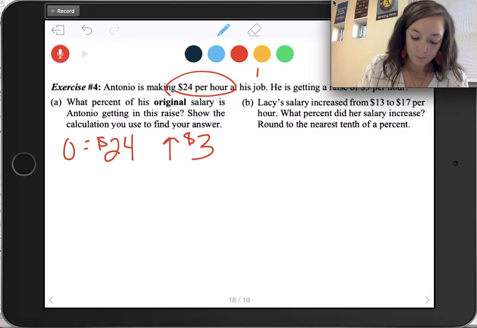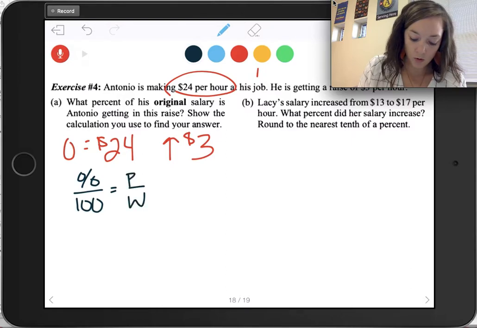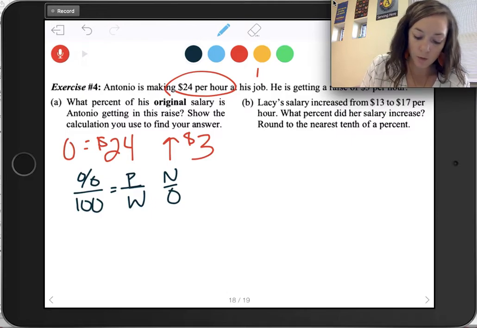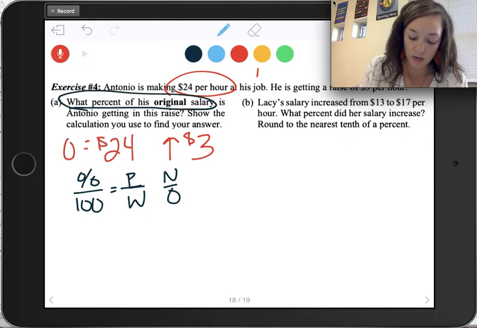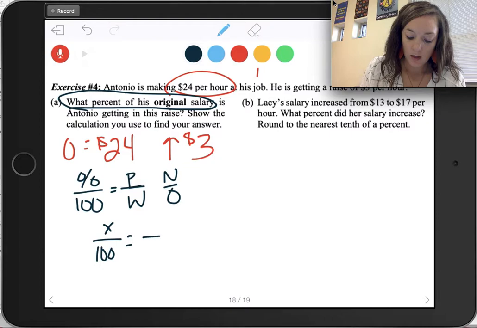So our proportion here, percent over 100 equals part over whole, or we can say new over original. And we want to know the percent of the original salary. I do not know the percent here, so for the percent, I'm going to put a question mark or an X. I do know my new value or my part is $3.